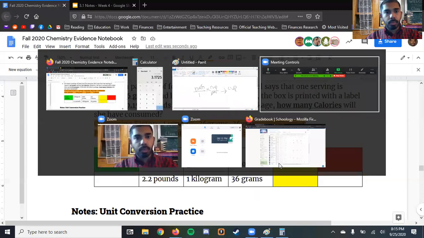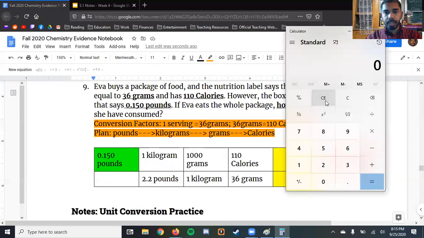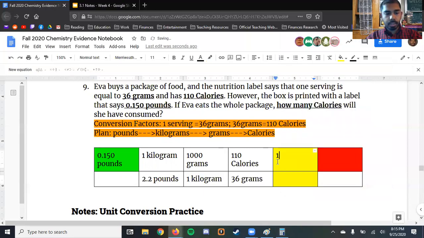We have 0.150 times 1,000 times 110, 16,500, that out, calories. A shorter way to do it.